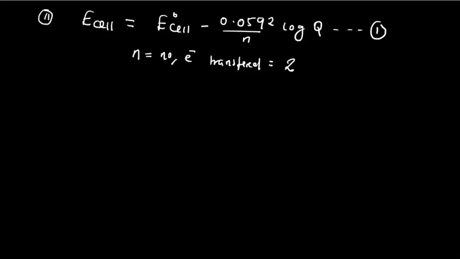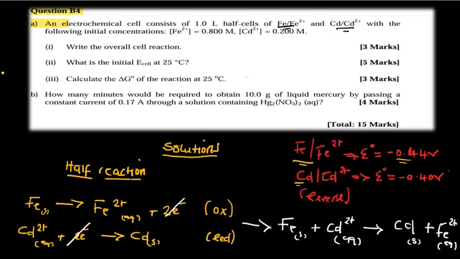Now the standard Ecell, this we need to calculate. So the standard Ecell is equal to the standard potential for the cathode minus the standard potential for the anode. We have identified that iron is the oxidation, and then cadmium is the reduction.